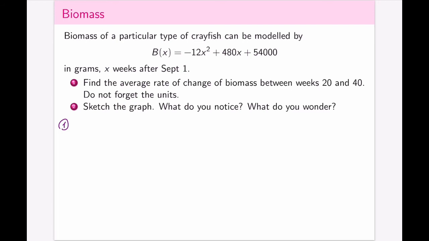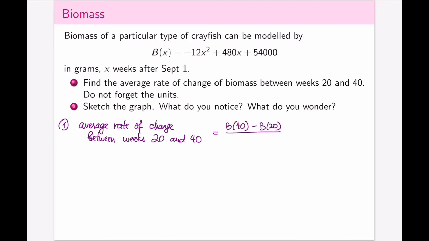So the average rate of change between weeks 20 and 40 will be given to us as before with the formula B of 40 minus B of 20 divided by 40 minus 20. All we have to do here is plug in numbers. So I'm going to plug in 40 into this formula and get a number. I'm going to plug in 20 into this formula and get a number. The overall result should be a number. Once I've plugged everything in and divided, I'm going to notice that I get a negative 240.